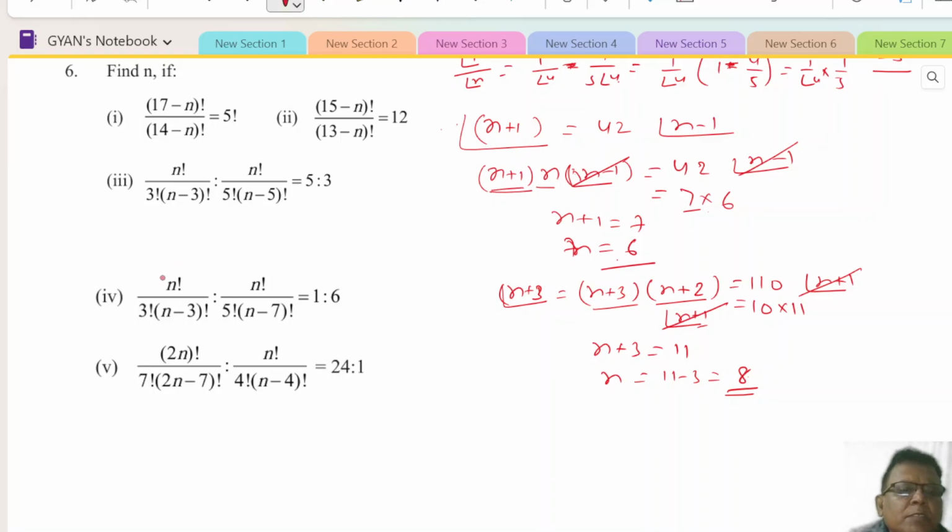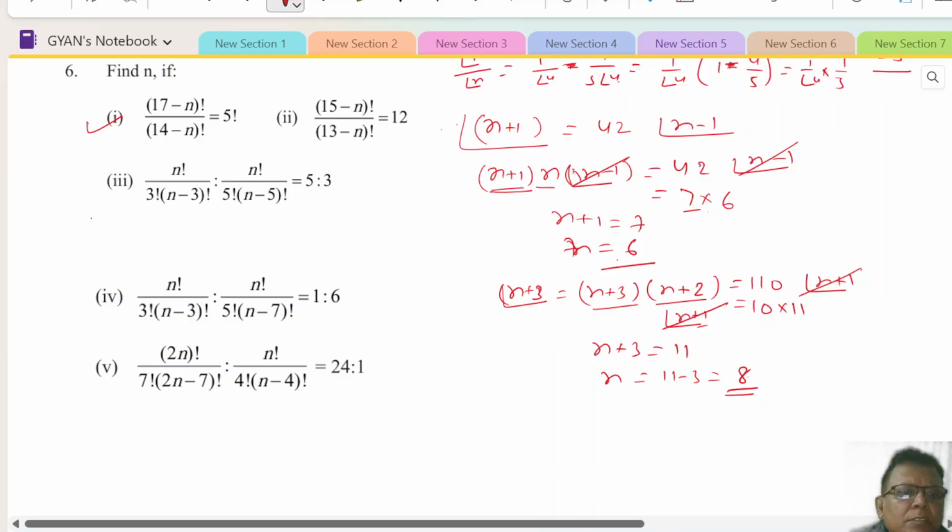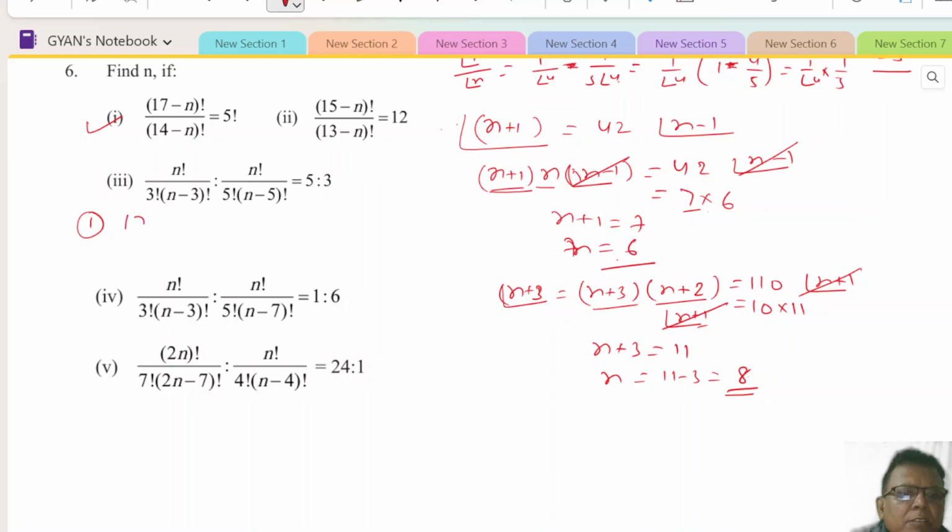Now we'll be solving some new questions, that is first. So here we can write 17 minus n, 16 minus n and 15 minus n into factorial 14 minus n divided by factorial 14 minus n is equal to factorial 5.